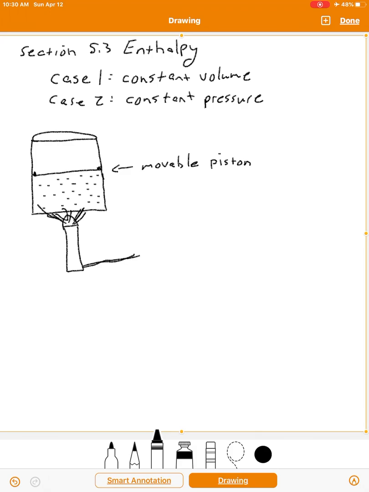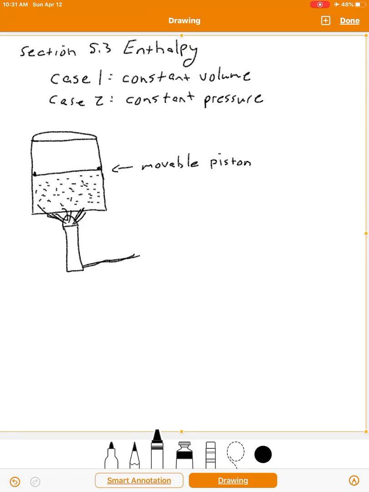Now, there are two ways in which that energy, which is coming in as heat, can be distributed. One would be to make the molecules inside go faster. So we would be increasing the thermal energy.